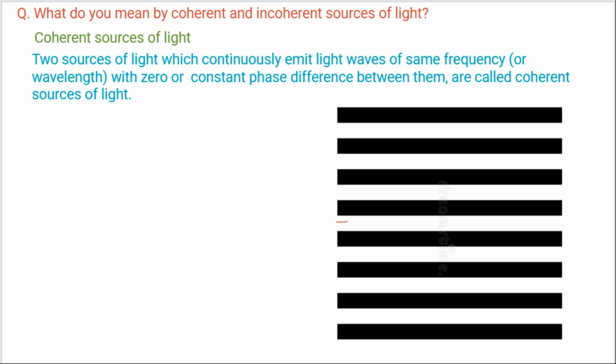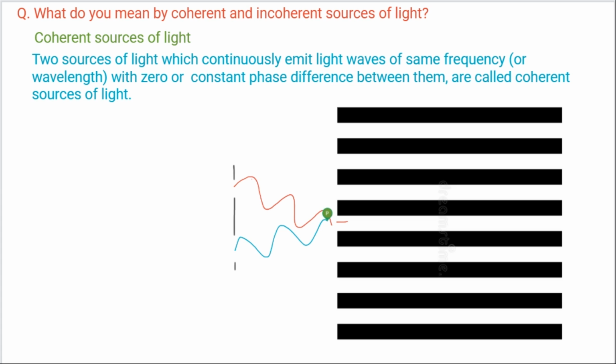So consider the light coming from slit S1 and slit S2. Let this be slit S1, let this be slit S2. Now suppose this is the red wave coming from slit S1, and this is the light coming from slit S2.